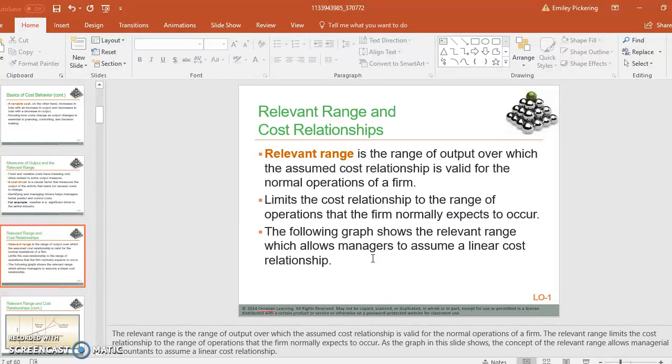The problem is once you expand so much that you grow out of your building, then you're going to have to rent the building next to you. That's your relevant range. So your relevant range in this particular case is 1 building. Once you move to another building, you have just increased to a completely different relevant range, and now you are paying a different rent price because of that. So we can make assumptions based on a relevant range.